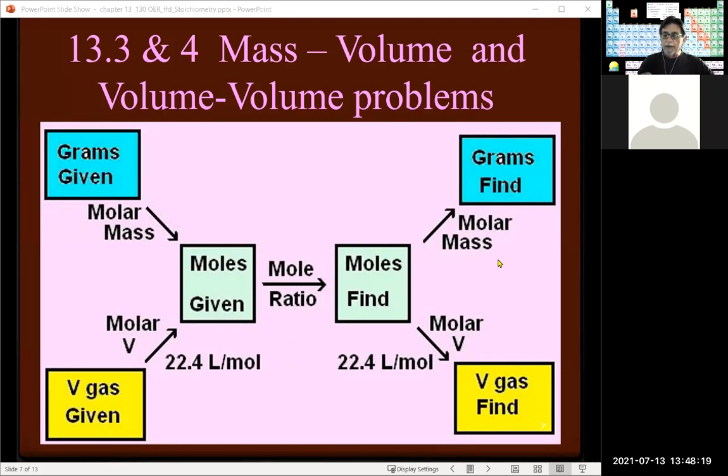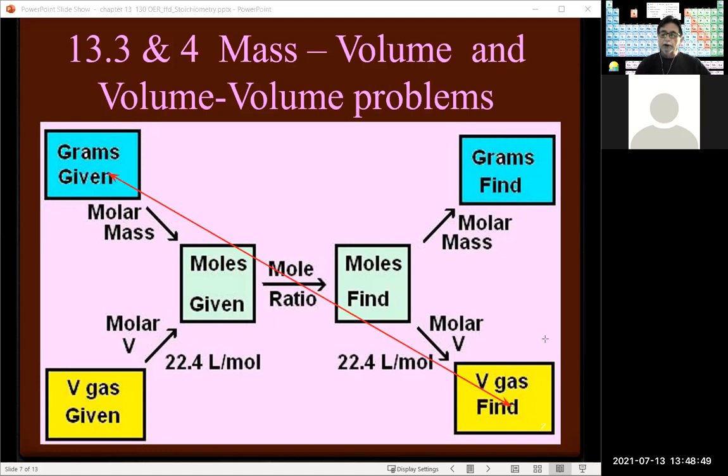Now remember, for that to be true, you have to be at STP only. Okay. Hence, you can't get to the yellow blocks without being at STP. If you are at STP, you can go multiple ways here. I mean, I can go from grams given all the way to volume find.